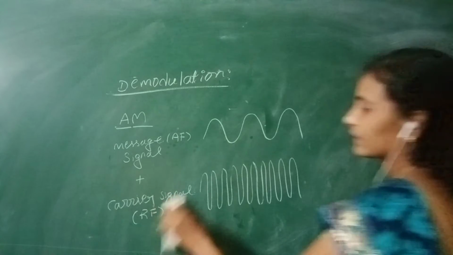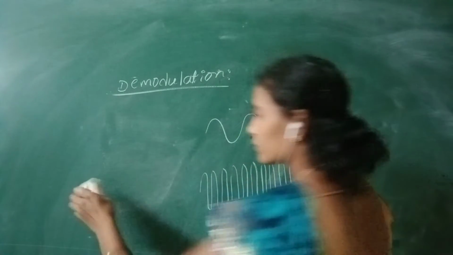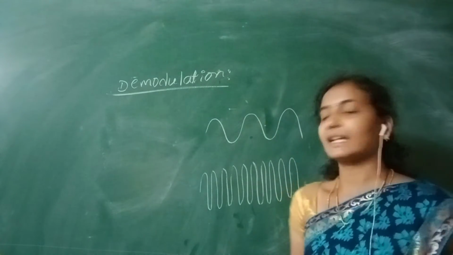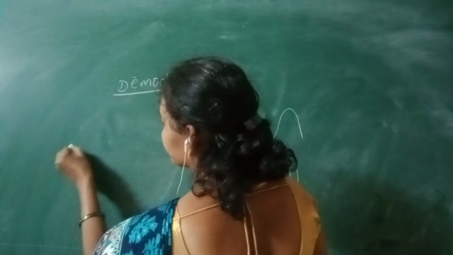Now we can observe the amplitude modulation, that is the modulated signal, like this.